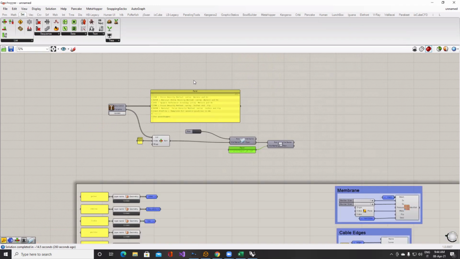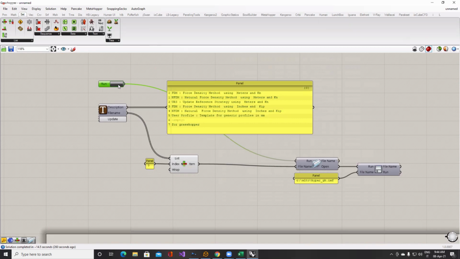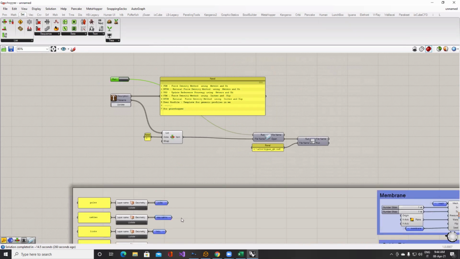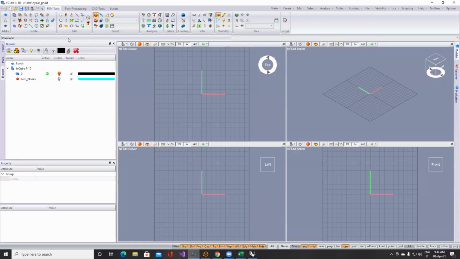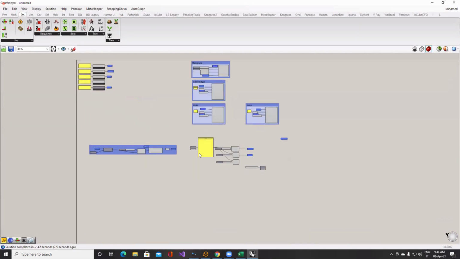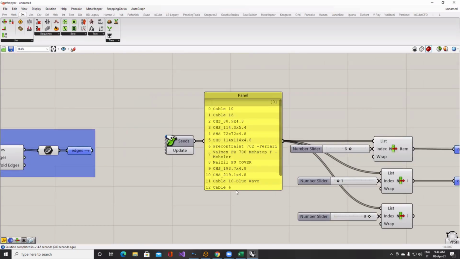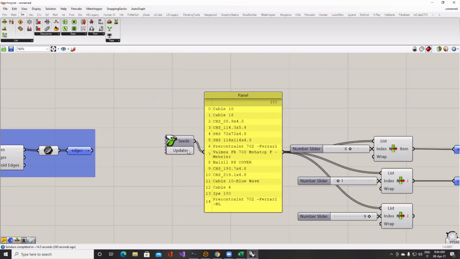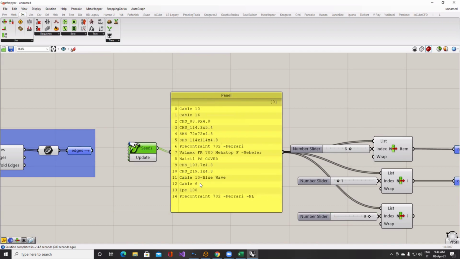So doing this, as soon as I click on run here, if we go back to Xcube, you see that the name of the file is C Alto iParGH. Going back to Grasshopper, if I update my seed list, you see now that all the seeds that we have defined in the template are available.